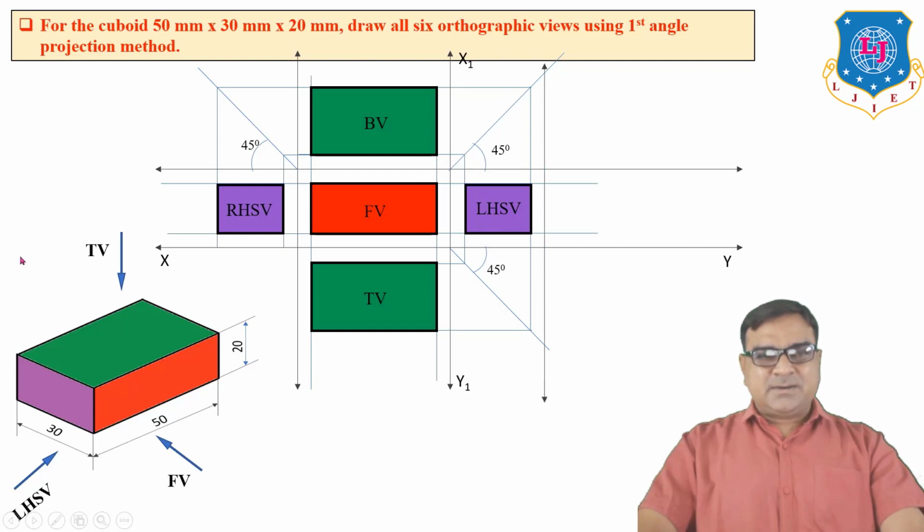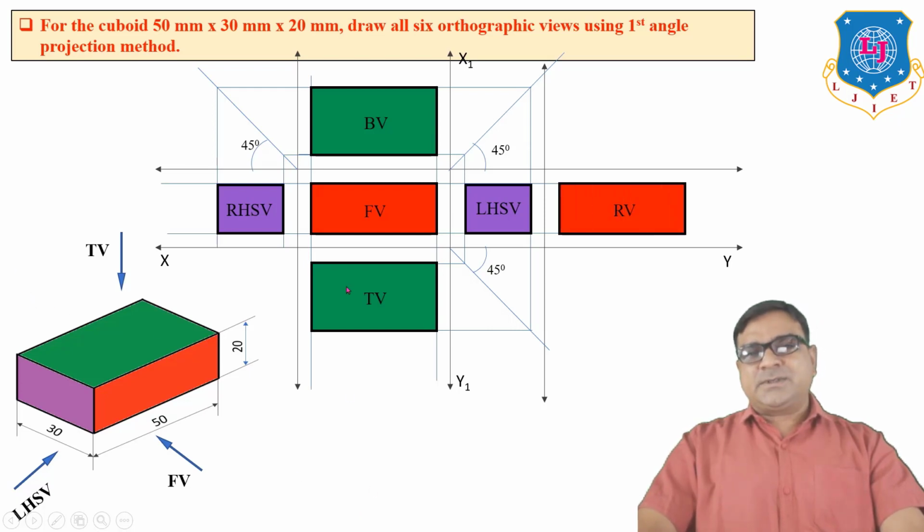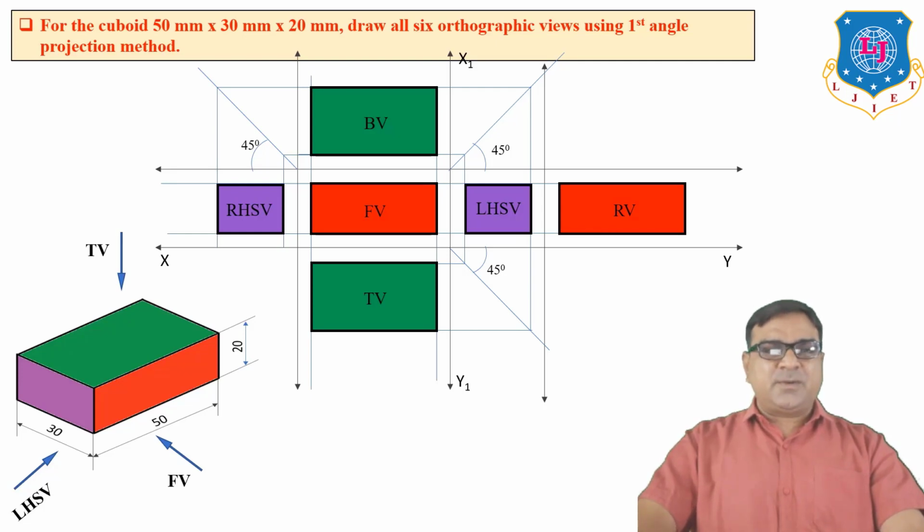And last, when we observe from the back side, that means rear, the rear view is the same as the front view, but it is placed here on the right of the left hand side view. So these are the number of views, but in our practice we have to draw a maximum of 4 views, front view, top view, left hand side view or right hand side view for the remaining problems.